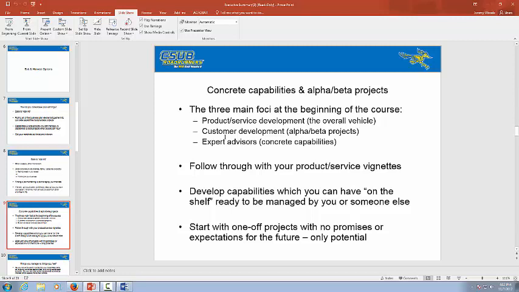And if that works, then expand it to more times a month, and if that works, then eventually find a place to host, find a retail storefront for yourself.